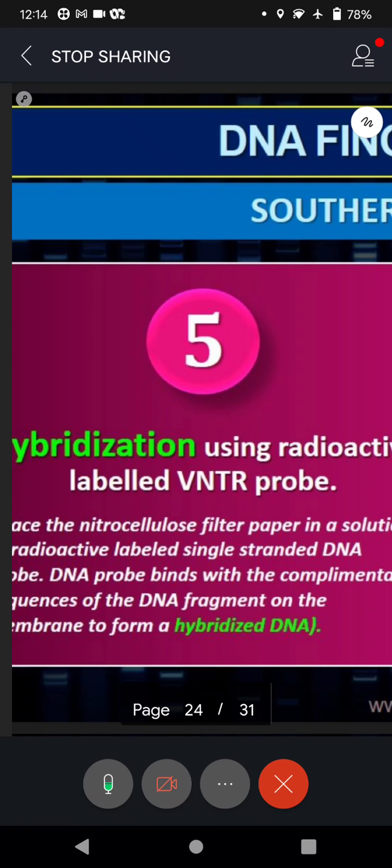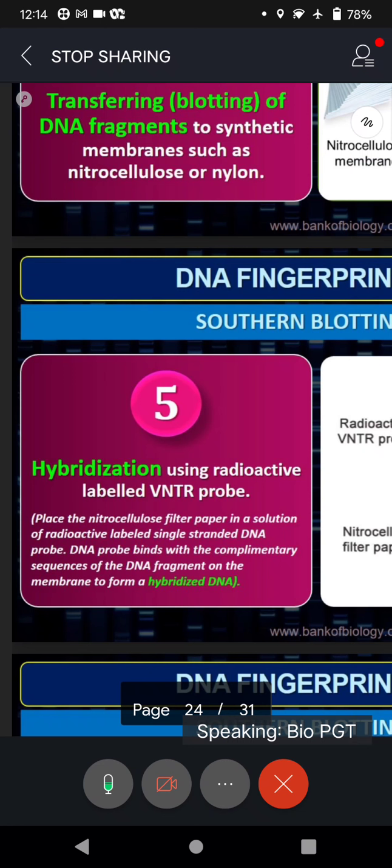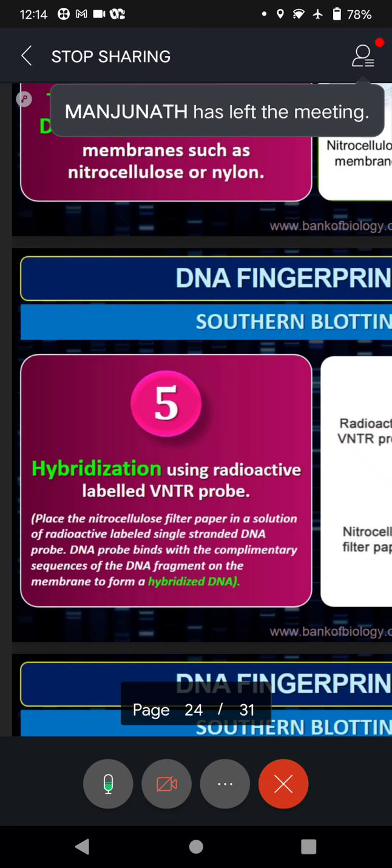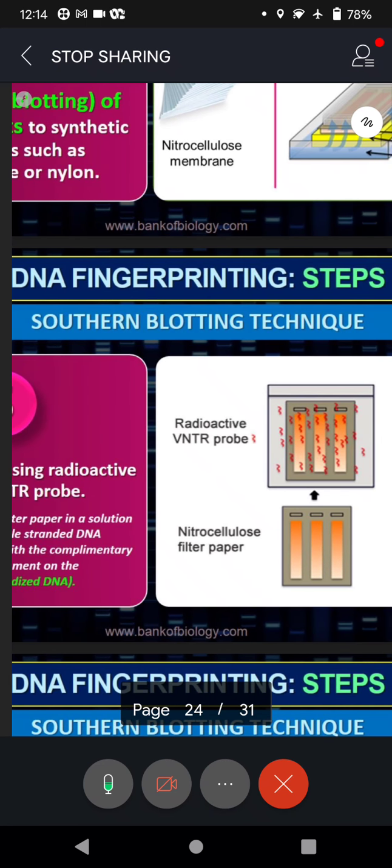Look at that. Place the nitrocellulose filter paper in a solution of radioactive labeled single stranded DNA probe. So the DNA probe binds with the complementary sequences of the DNA fragment on the membrane to form hybridized DNA. This is what is done here.